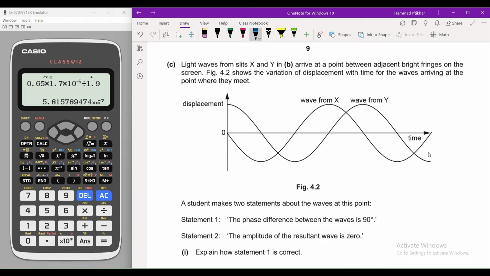The light waves from the slits X and Y in part B arrive at a point between adjacent bright fringes on the screen. Figure 4.2 shows the variation of the displacement with time t for the waves arriving at the point they meet.